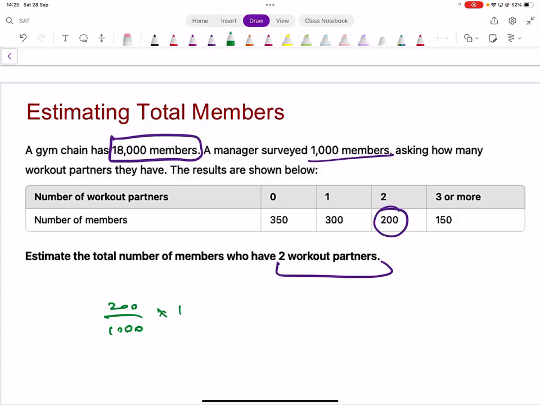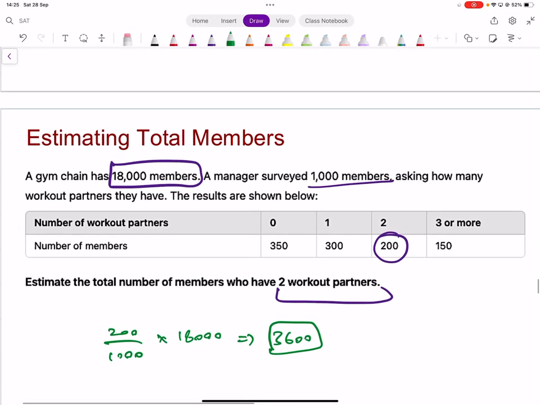So in the whole population, we can just find what 20% of 18,000 is going to be. You can see what that is: 200 over 1,000 times 18,000, what does that give you? 3,600. That's our estimate for the number of people out of those 18,000 people who have 2 workout partners. Is that okay? So that's how you can estimate something about the whole population using a sample.